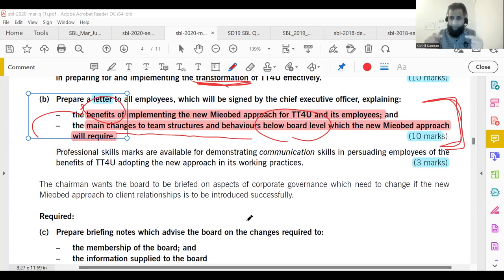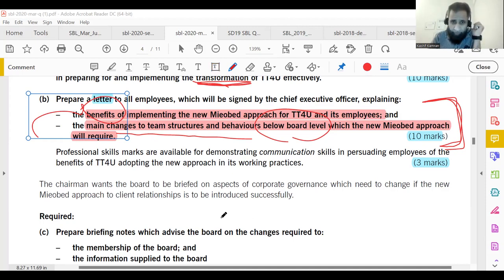Sometimes when you're reading a requirement in SBL, you immediately pick, oh, this is from the topic customer database, oh, this is from change management. But sometimes you're reading a case and you say, oh, which topic? At that point in time, stop thinking about the topic, stop thinking about the model, just see what the examiner is asking, read the case and find the answer. Are you clear with this, all of you?